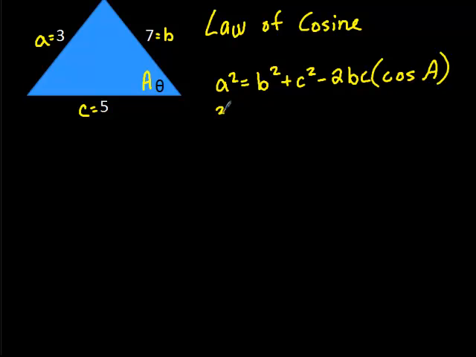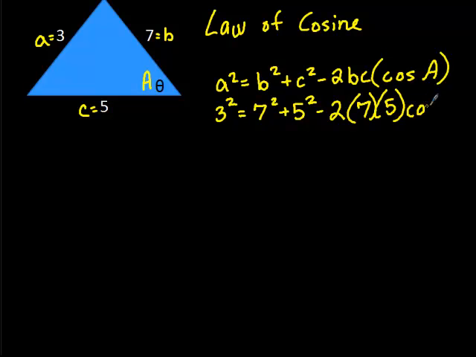Well, a squared, which is 3, so we have 3 squared, equals b squared, so we have 7 squared, plus c squared, which is 5 squared, minus 2 times 7 times 5 times the cosine of A. Plug all this in, we start simplifying down piece by piece. 3 squared is 9, 7 squared is 49, 5 squared is 25, minus 2 times 7 times 5, we get an answer of 70. So we have 70 cosine of A. We can't do anything with this cosine of A because we don't know what capital A is. So we have 9 equals 49 plus 25 minus 70 cosine of A.